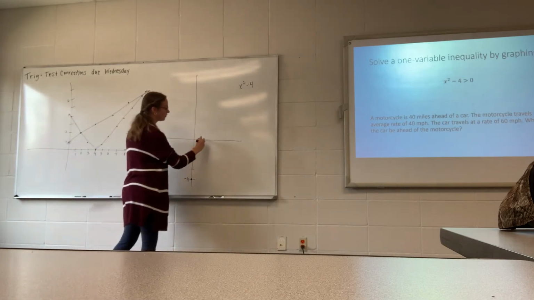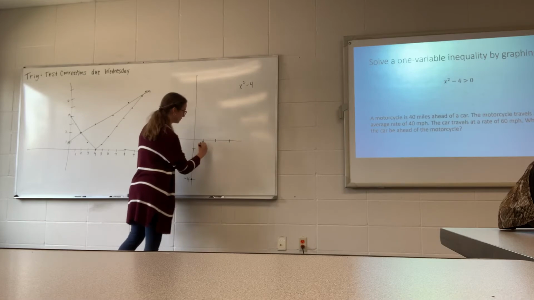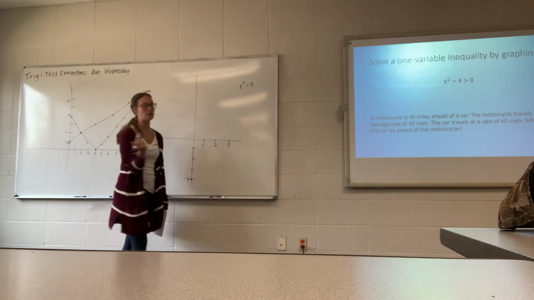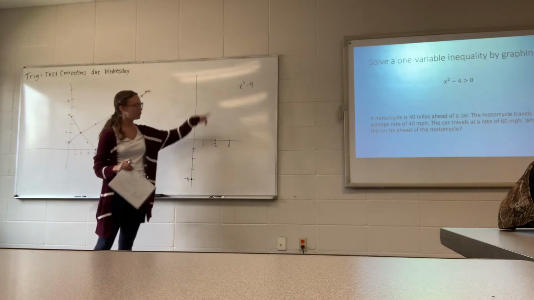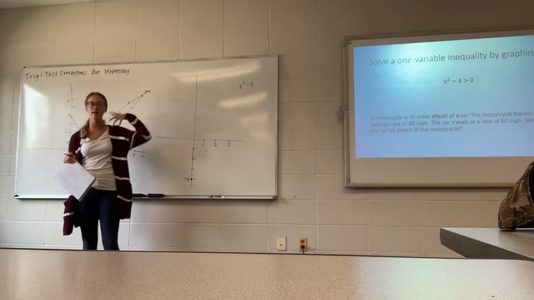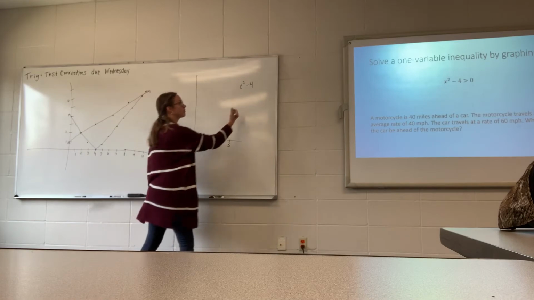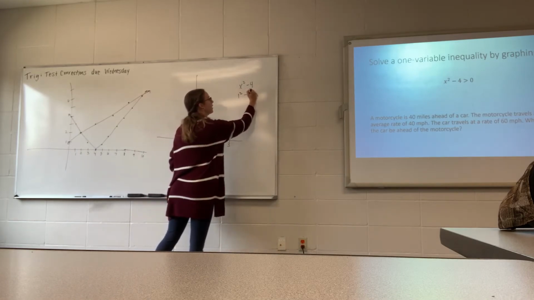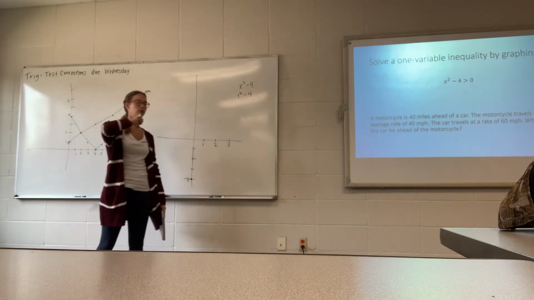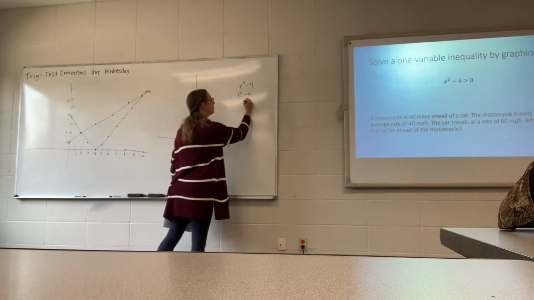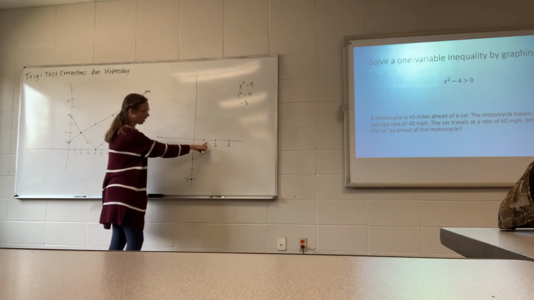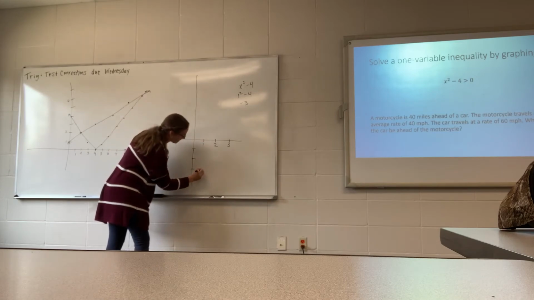So now we can figure out a couple more points just by plugging them into our equation. If I plug 1 in for my x and solve it, that gives me my y coordinate. So 1 squared minus 4, Nate, what is that gonna give me? Yeah, negative 3. So when I'm at 1 on my x, my y is at negative 3.